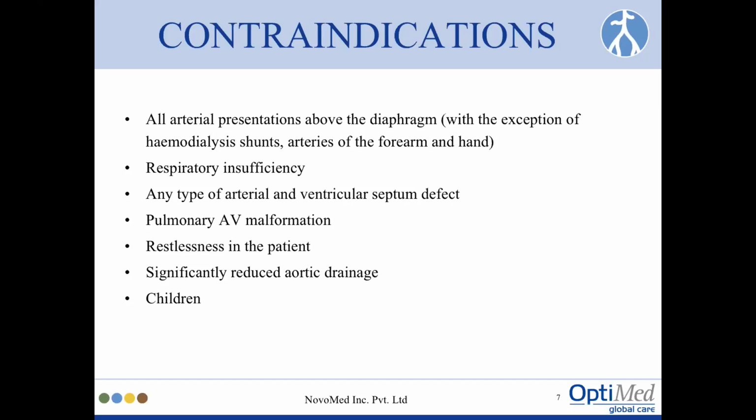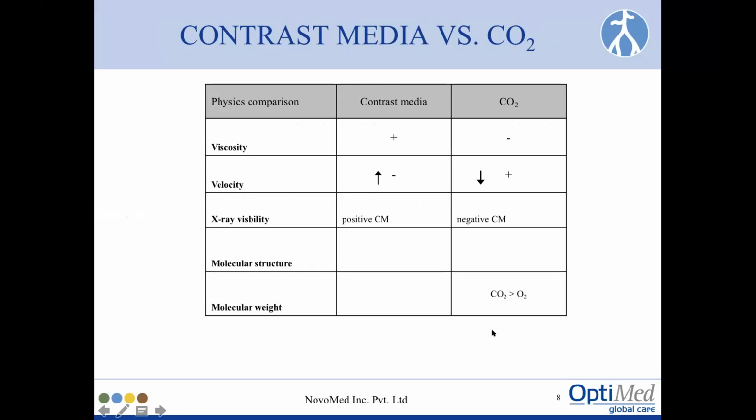Also, if there's reduced cardiac output, and in children, of course, it's not advisable to use this for children. A little bit about comparison between the contrast media, the regular iodinated ones, as opposed to carbon dioxide. You can see that the contrast media is more viscous, with more velocity.